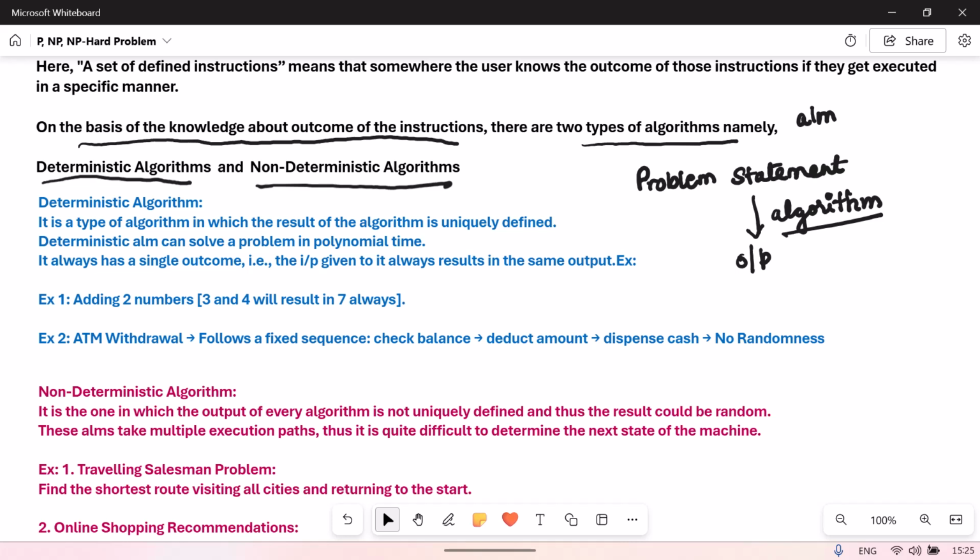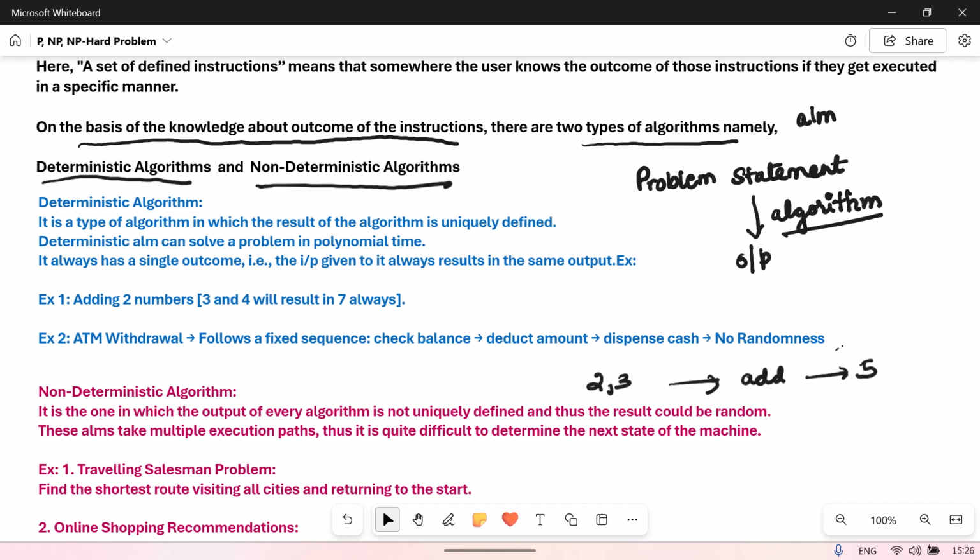Let's say we have an algorithm for adding two numbers. If I give the numbers 2 and 3, I am sure that the answer will be 5. I have written the code and run it for 2 and 3. Even if I run the code again after a few months, I will get the same result.